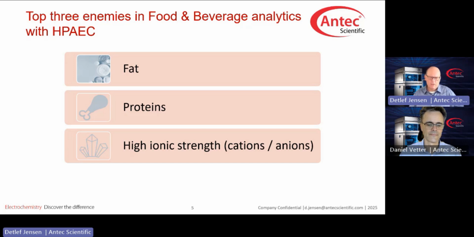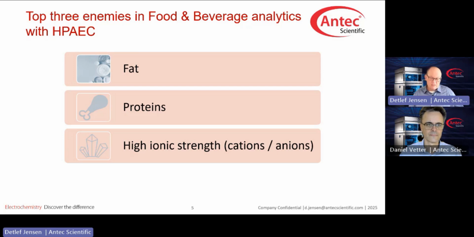Salts can have an impact on the retention time, for example. If you have a high ionic strength sample, the retention times might be shorter than in a low ionic strength sample, so you might see differences. And what do we do to cope with this? Fat, proteins, and high ionic strength are the major points that we are going to cover in this presentation.